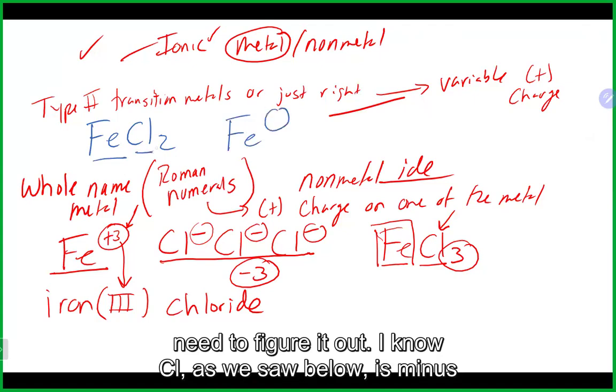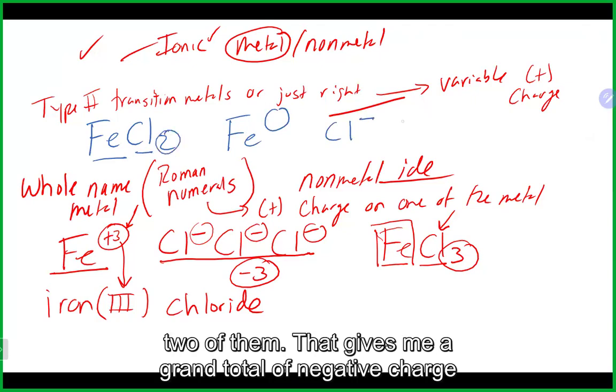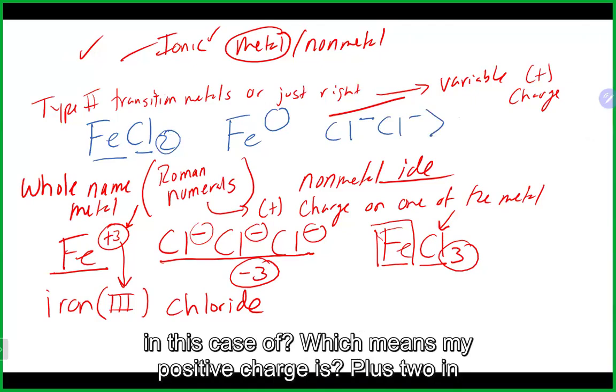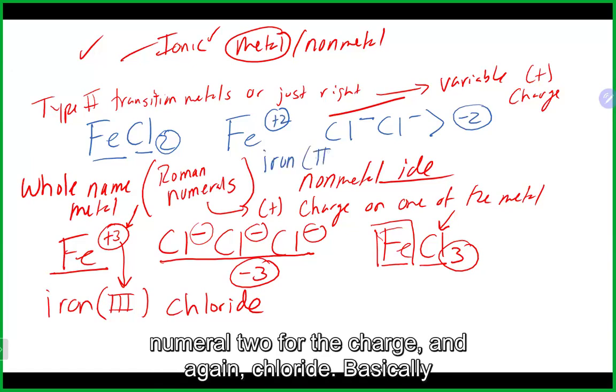I know Cl, as we saw below, is -1. And how many do I have in this case, though? I only have 2 of them. That gives me a grand total of negative charge of -2, which means my positive charge is +2 in this case. So that means that this name would be iron Roman numeral 2 for the charge.